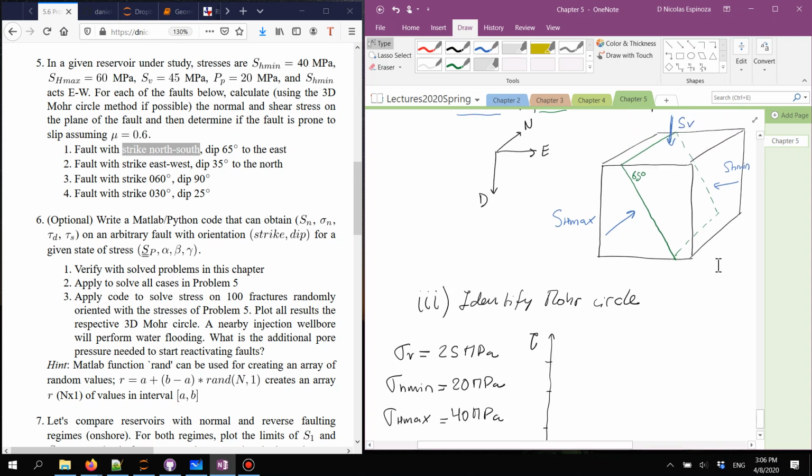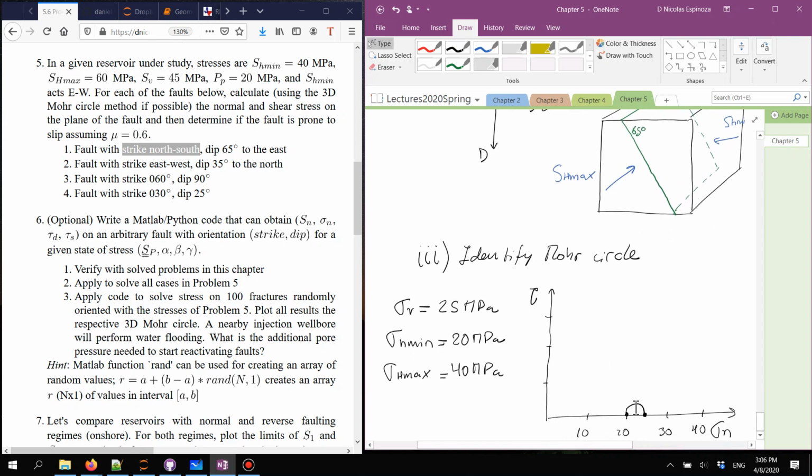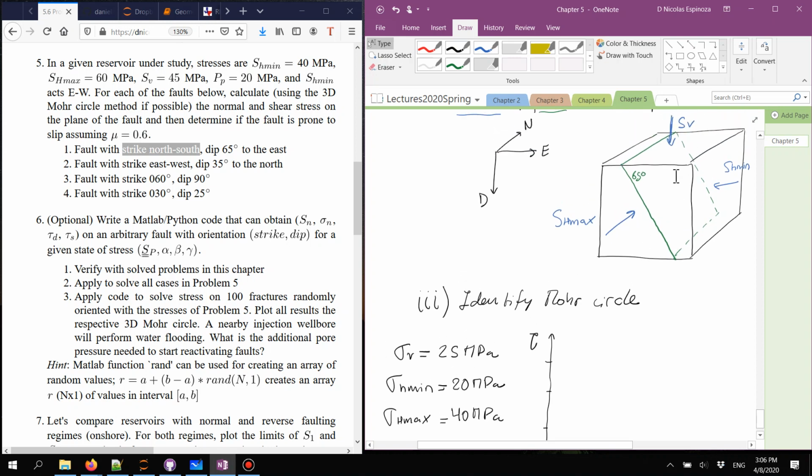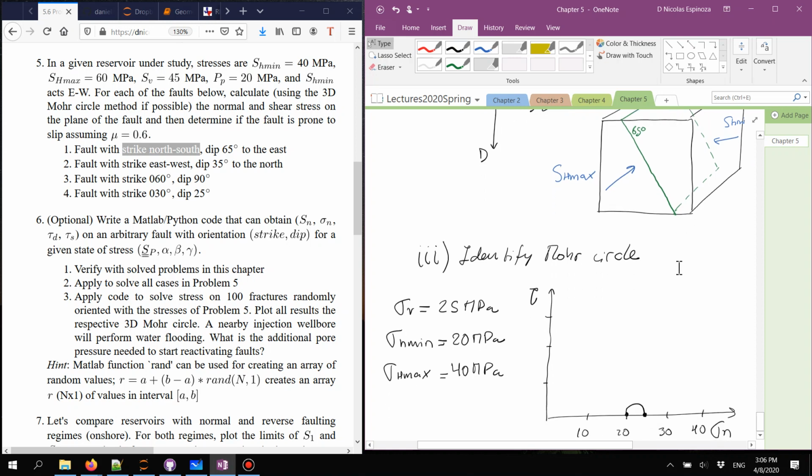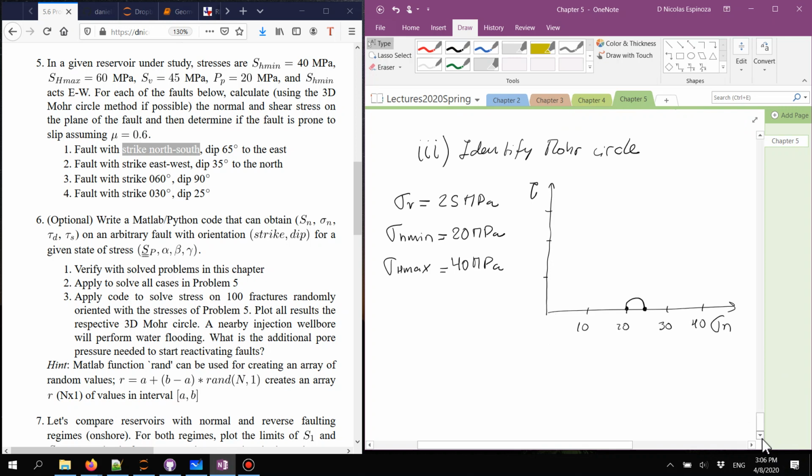And in order to see what is the angle that I need to use in the Mohr circle to see the state of stress at this fault, I have to go from the plane of the maximum stress for this particular circle, which in this case is sigma v. Remember, this dot is sigma v, and this one is sigma h min.